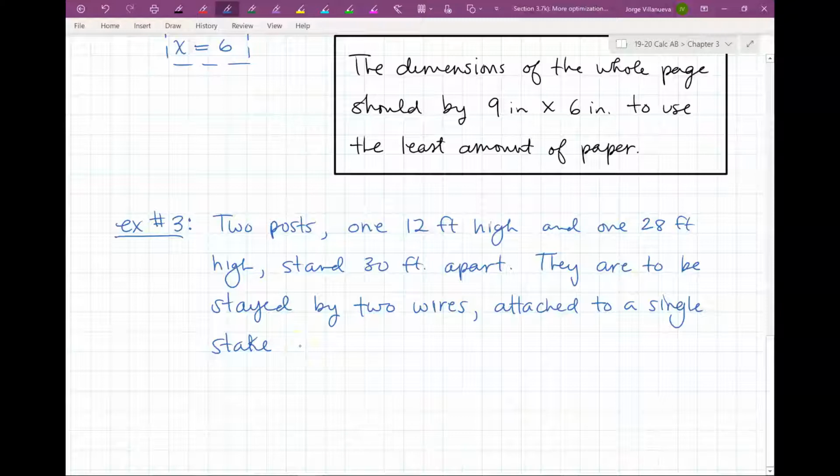Running from ground level to the top of the posts.